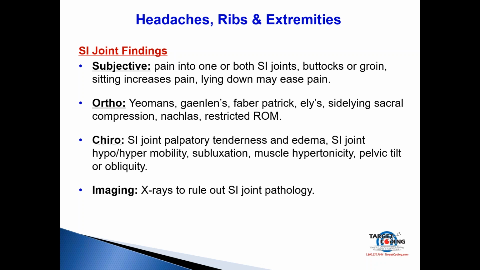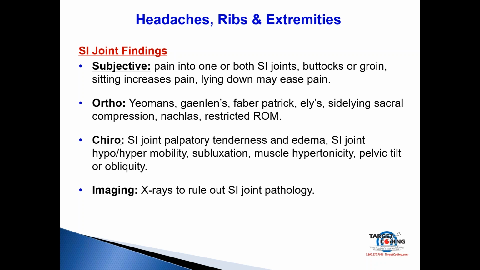It could come up with other things like cervical brachial syndrome. Do Wright's, do Adson's, do some reflexes, check for diminished reflexes, check for myotomal weakness. This will save you if you're ever in trouble by doing some of these ortho, neuro, chiro tests.